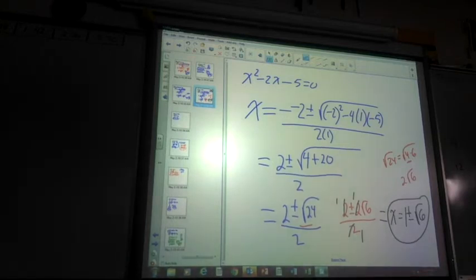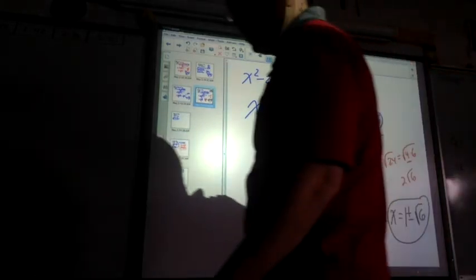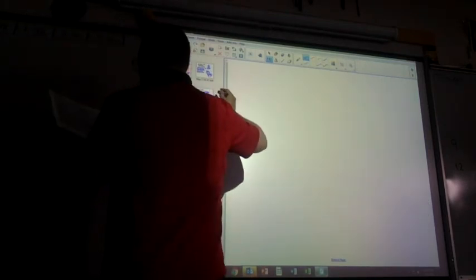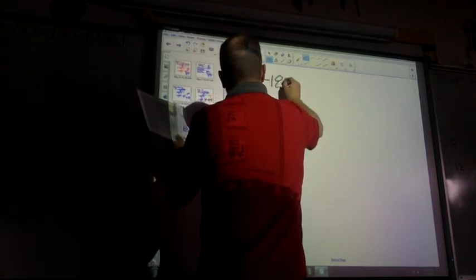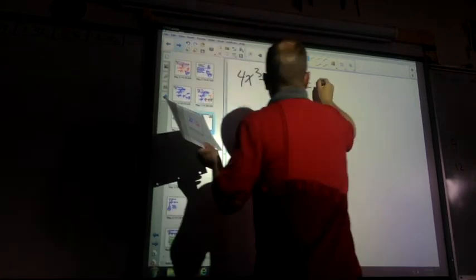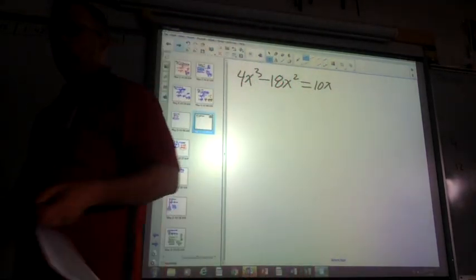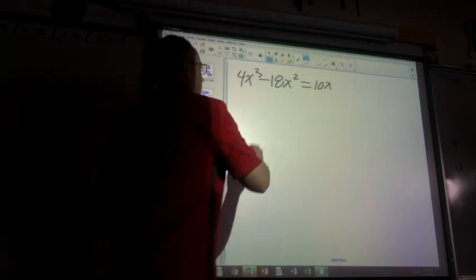Last question. Ready? I get 4x to the third minus 18x squared equals 10x. It's not a quadratic, is it? It's raised to the third power. All right, so let's get everything on the same side. So subtract 10x.